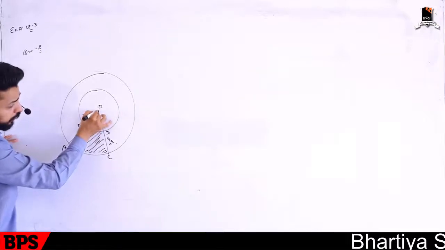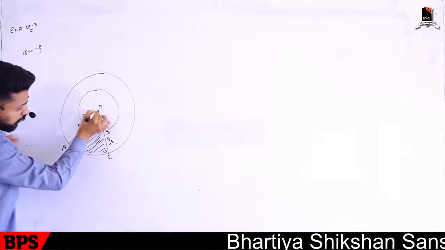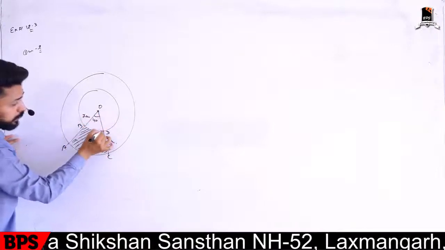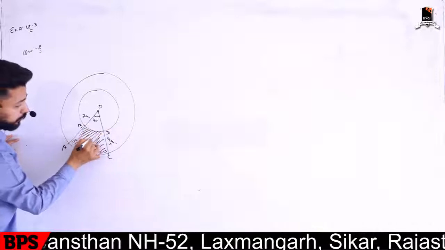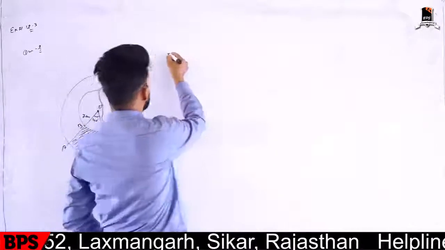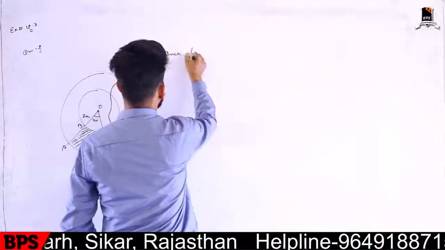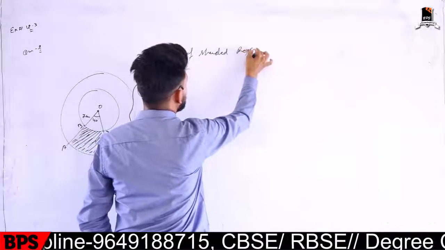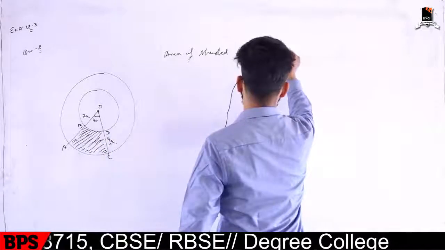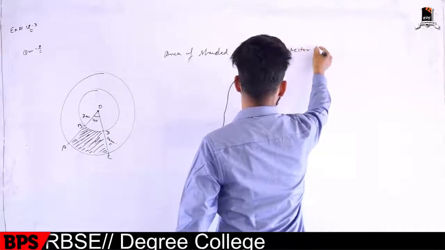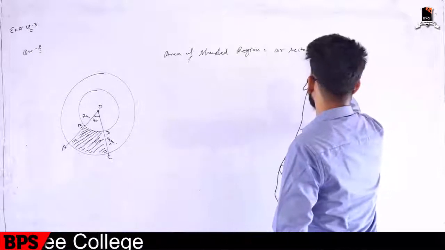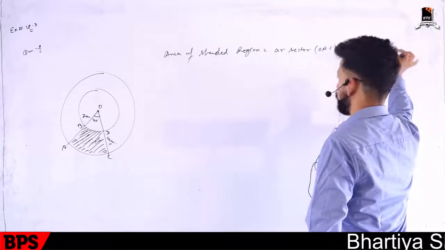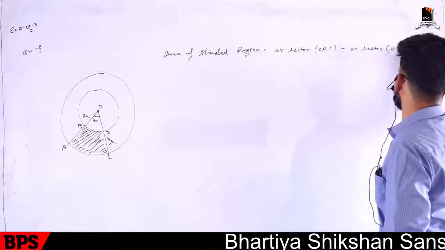First we have to find the area of sector OAC minus area of sector OBD. So the area of shaded region is equal to area of sector OAC minus area of sector OBD.